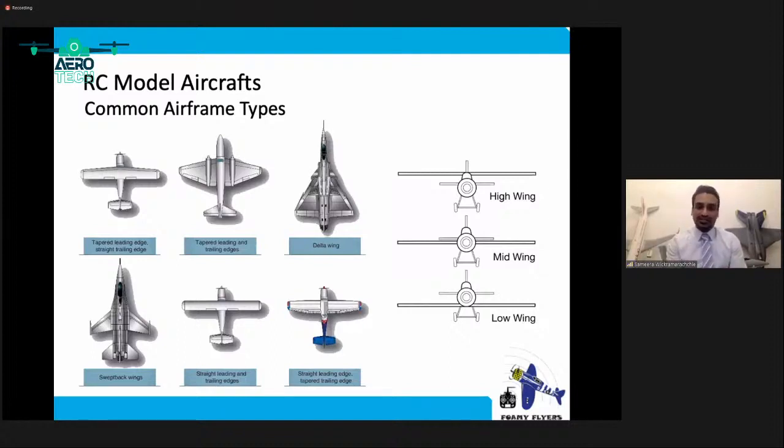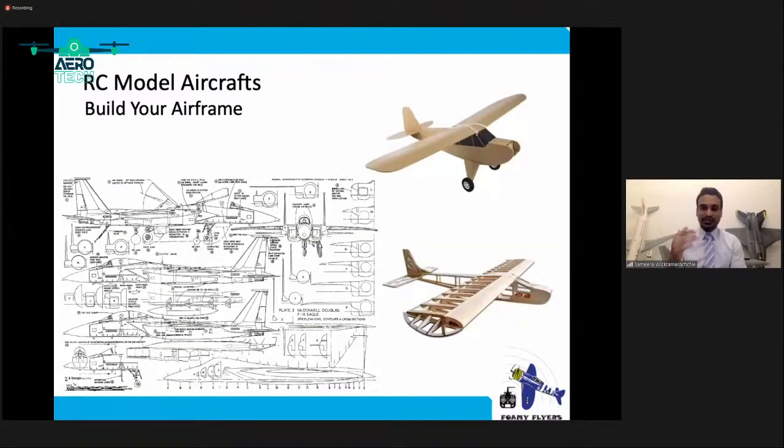Right. So as I mentioned before, you can even go and download blueprints of the particular airframe that you want to build. You can search online. There are a lot of places that provide you with blueprints. And you should learn how to read a blueprint as well. On this particular picture, it looks like a jumble, but all the details that are required to build your aircraft around this airframe are there.